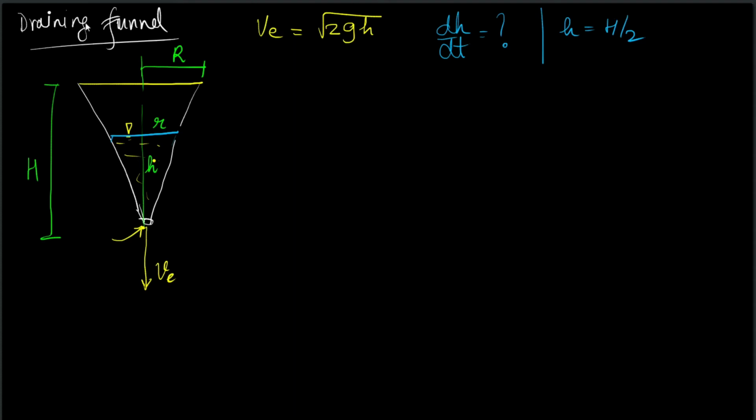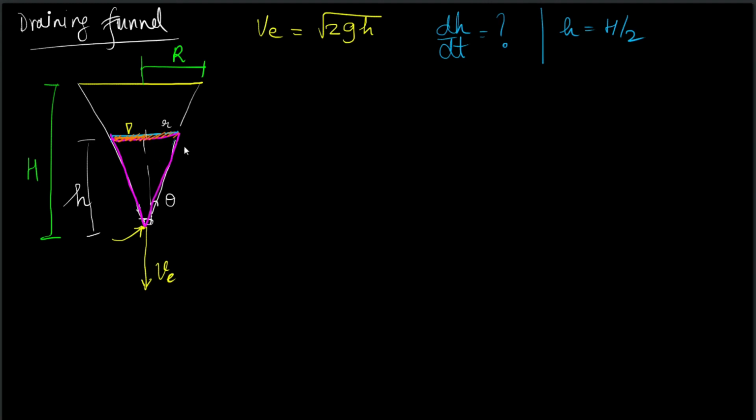So now let me remove these little things. So the definitions are quite clear that this is small r and this height is small h. This angle is theta. So let us choose a control volume as shown by the pink line. In fact, the top line, let me make it orange like this.